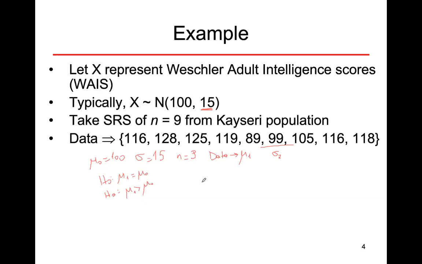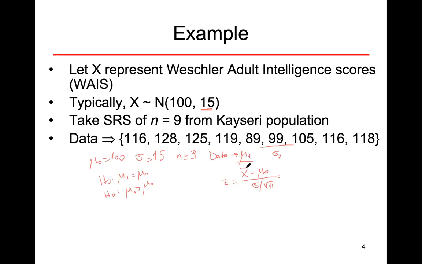What should I do first, arkadaşlar? Find the mean, right? That means X bar. Find X bar, and then we will come up with a Z value, right? X bar minus mu0 divided by sigma divided by root n. This is what we were doing.